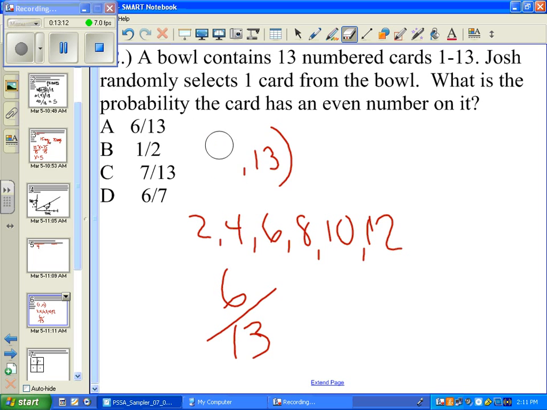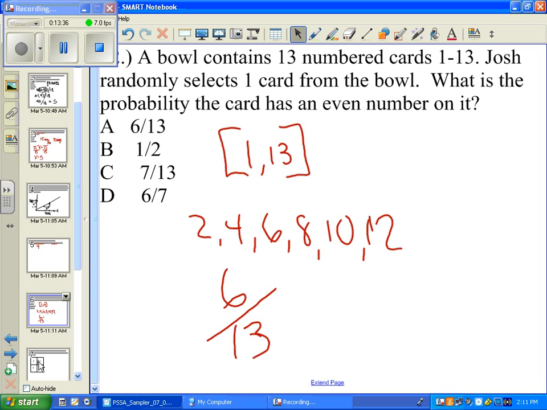That's our total answer. By the way, this is wrong. This should be written like this. As it contains 13 cards, it will be written like this. This means the set of numbers from 1 to 13, including the endpoints 1 and 13.